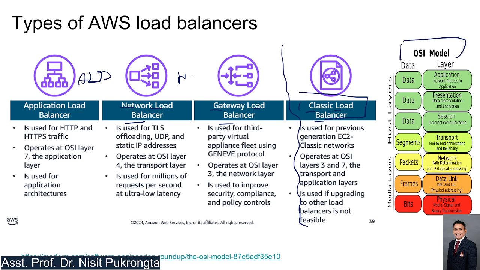Compared with the OSI model, it is a 7-layer model, the principle of how to communicate from one to one over the internet. We need 7 layers to achieve this.